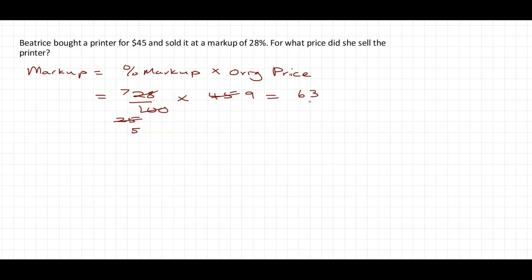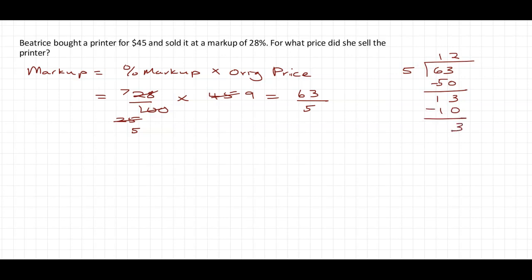63 divided by 5. And we can go ahead and do that here. 63 divided by 5. 6 divided by 5, I have 1. 1 multiplied by 5, I have 5. And then I can put a 0 here, or you can just put an arrow down. So this is 1, 3. 13 divided by 5, I have 2. 2 multiplied by 5, I have 10.